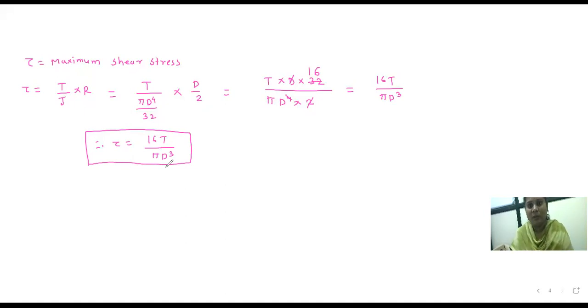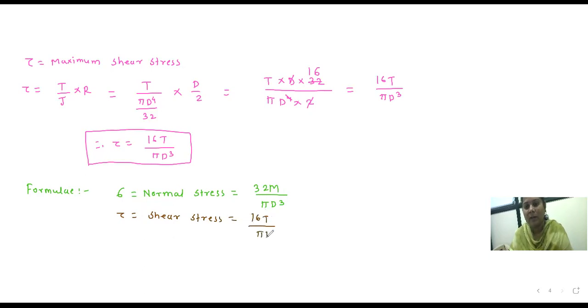From these two equations we will write the formulas here. Which two formulas have we derived? First, normal stress is equal to 32M divided by pi D cube, and second, tau, which is the shear stress, is equal to 16T divided by pi D cube.